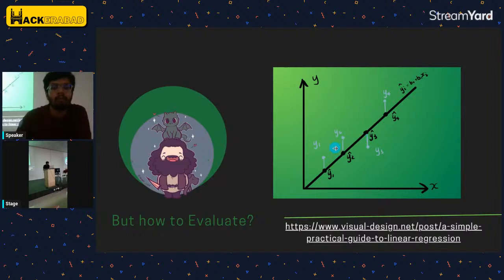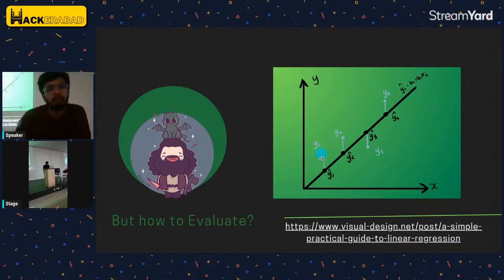Yeah, the black line is a prediction. Those gray points are our actual values.